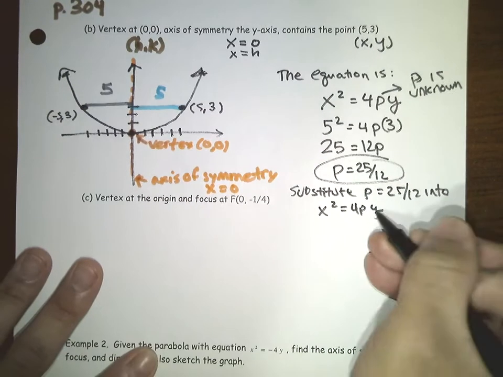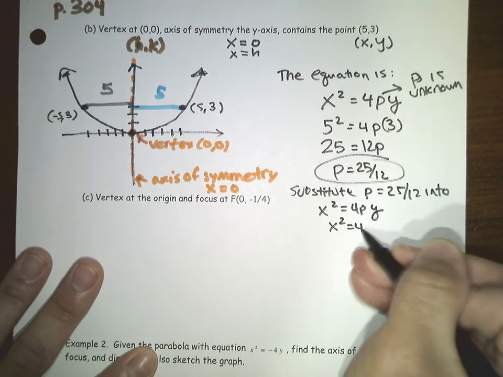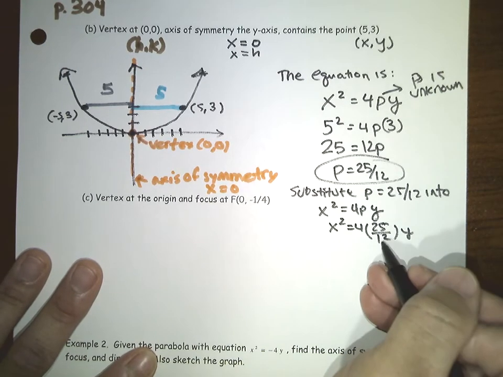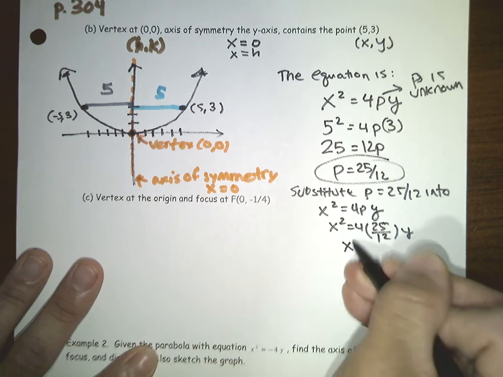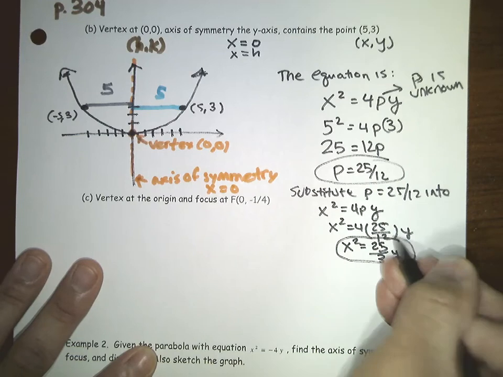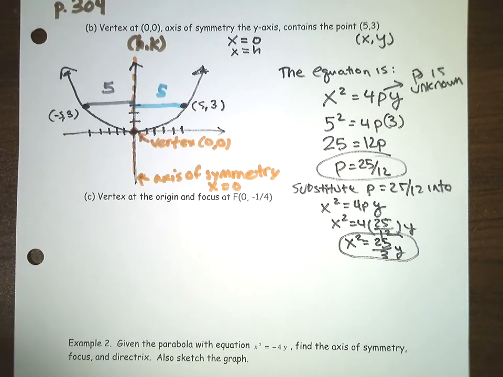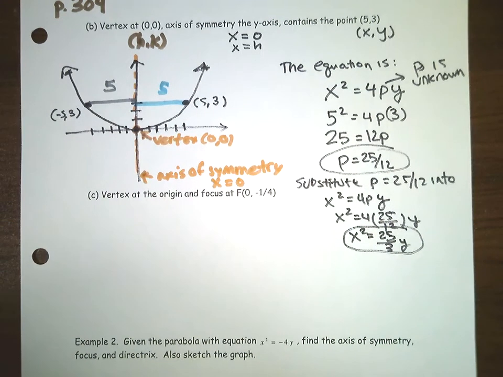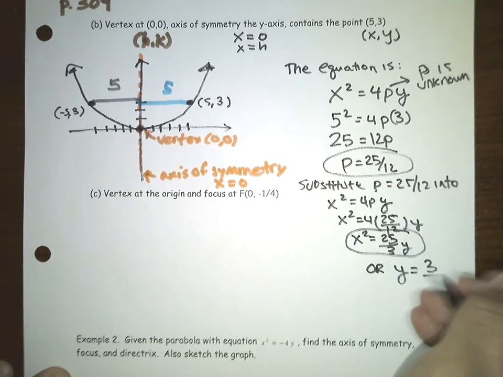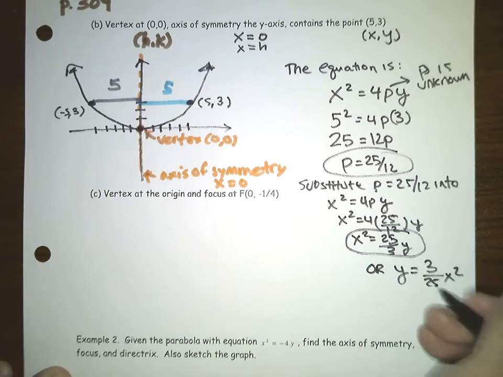So x squared is 4 times 25 over 12 y, and 4 over 12 is 1/3, so x squared is 25 over 3 y. So that is the equation. y is equal to 3 over 25 x squared, or x squared is equal to 25 over 3 y. You could write it as y is 3 over 25 x squared if you wanted to also.